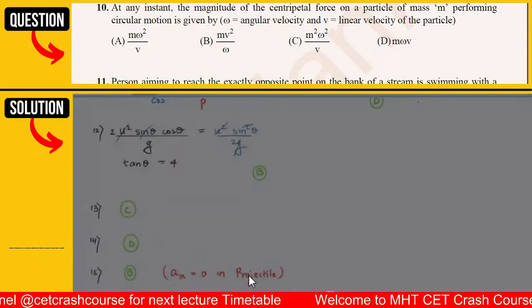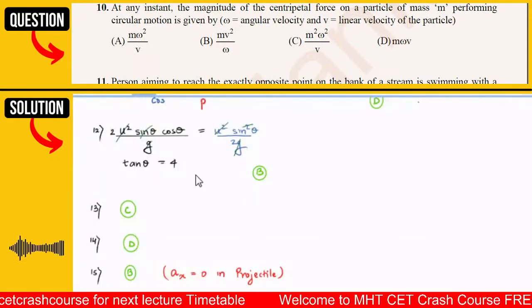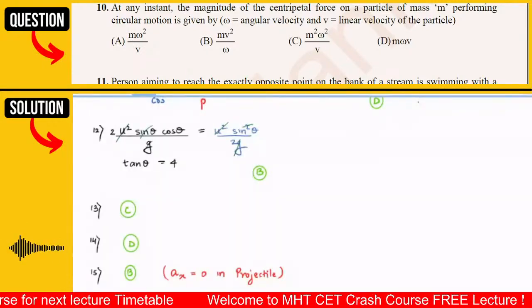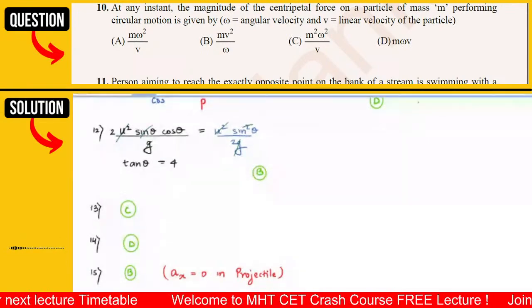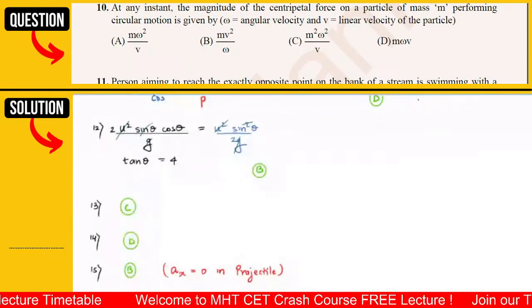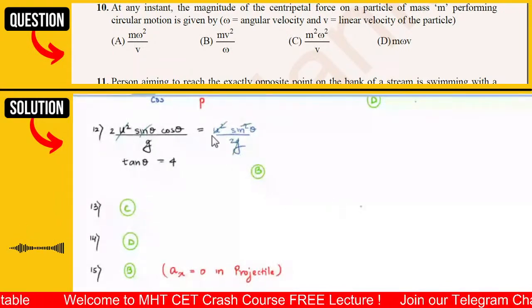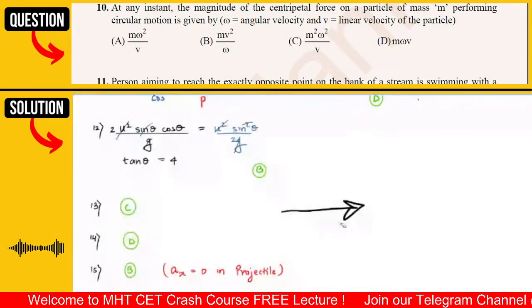15th question. In projectile motion, if air resistance is neglected, then the horizontal motion will be, answer second option, constant velocity, because in horizontal direction, there will be no acceleration.